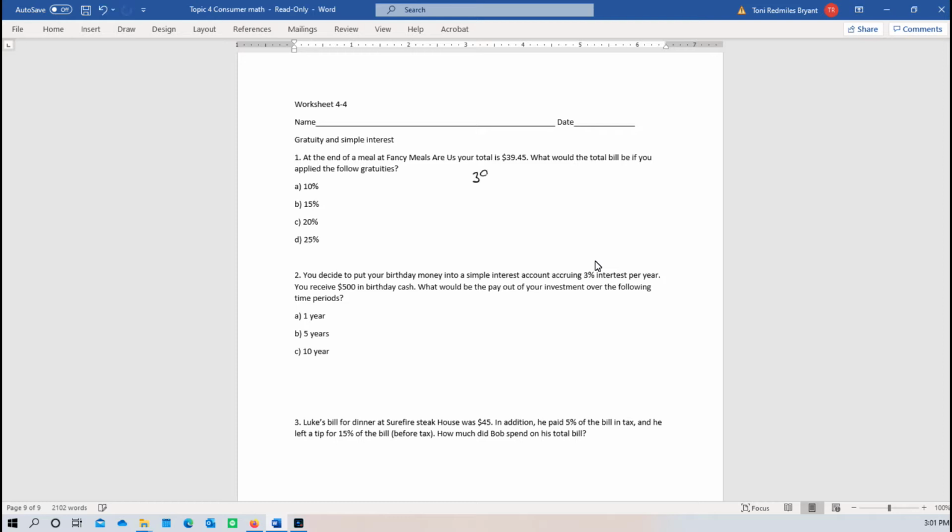I'm going to pay, my bill is $39.45, which is 100% of what the food costs to dine here, but I'm talking about paying 110%, and I need to know what that amount is. So you do your proportion, either crisscross or opposite operation, and you should get x equals 39.45 times 110 over 100.